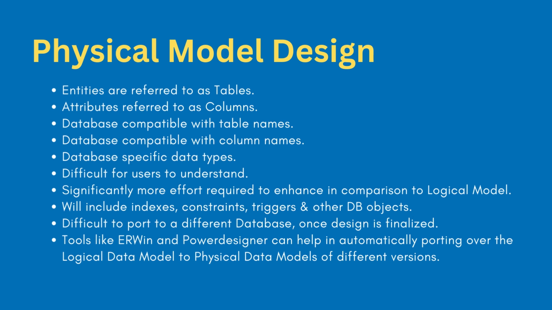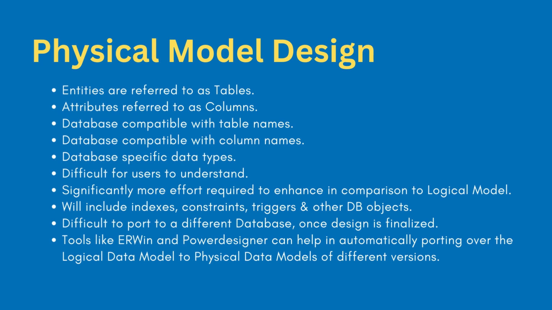So this is the physical data model. Entities are referred to as tables here. Since it is a physical model, we will use the technology term table. Here we will not call this an entity, we will call it a table. Attributes will be referred to as columns here.